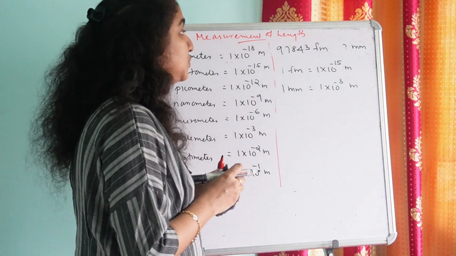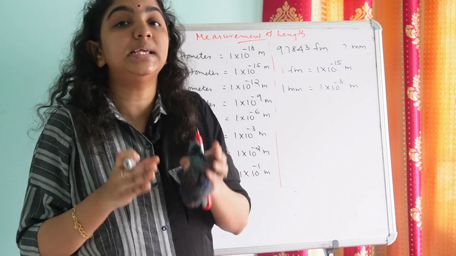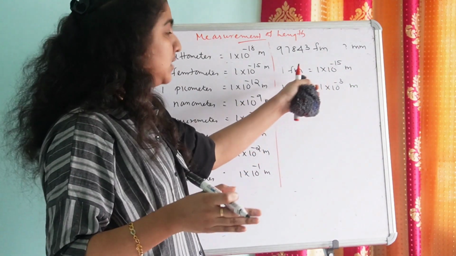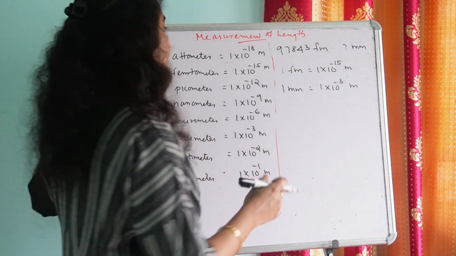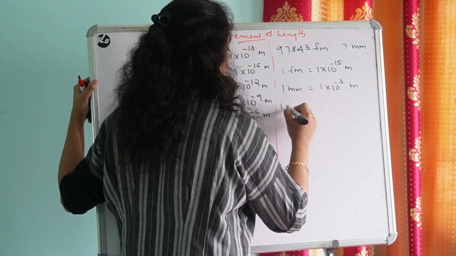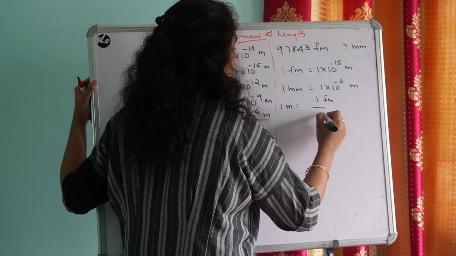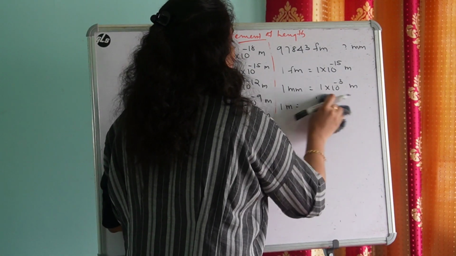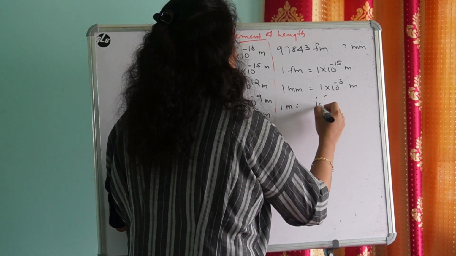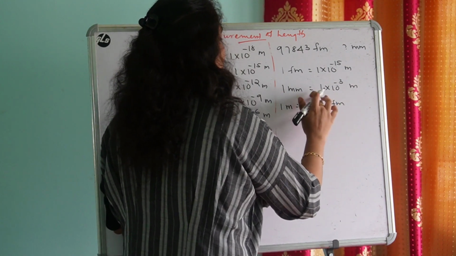So here what I have to do is find what 1 meter is equal to in femtometers and in millimeters. That is, 1 meter is equal to 1 femtometer divided by 10 power minus 15. So it becomes 10 power 15 femtometer. So 1 meter is equal to 1 into 10 power 15 femtometer.